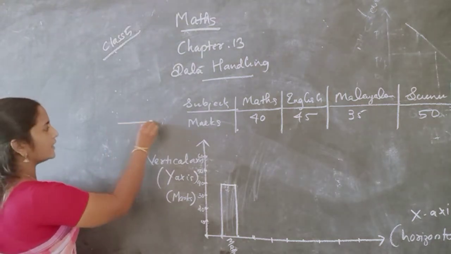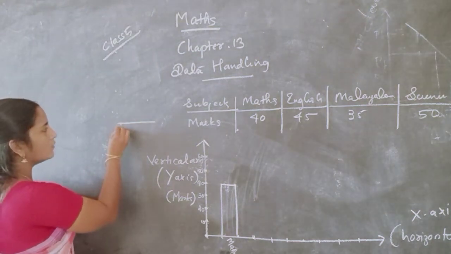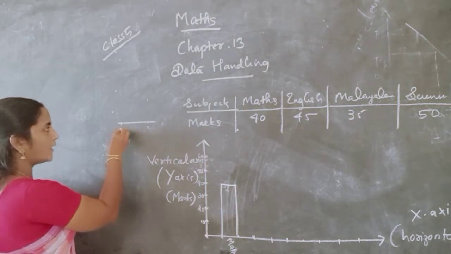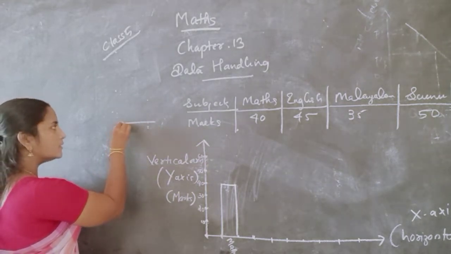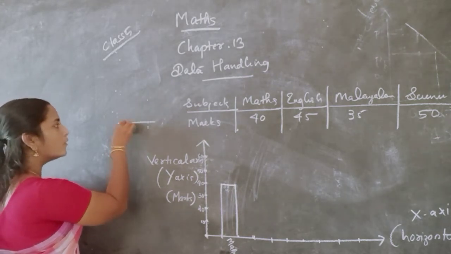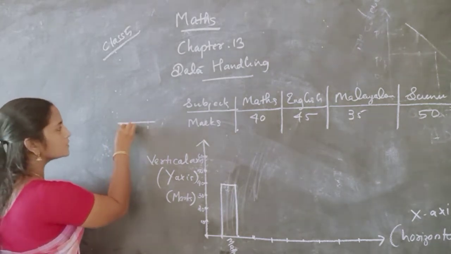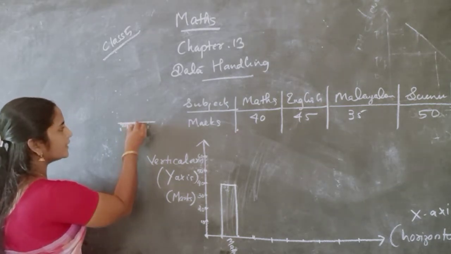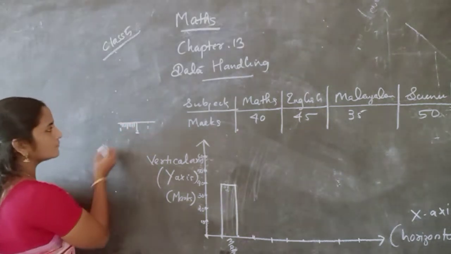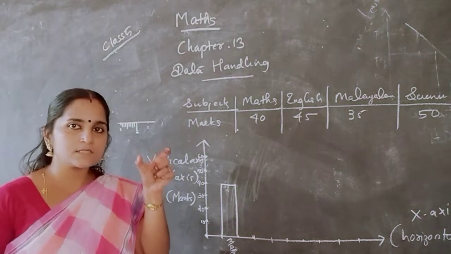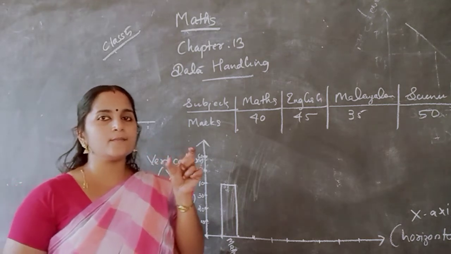In your scale we have 1 centimeter, 2 centimeter lines, and each centimeter is divided into 10 small units, that is millimeters.